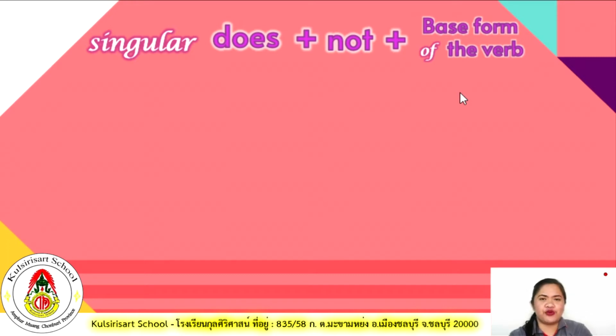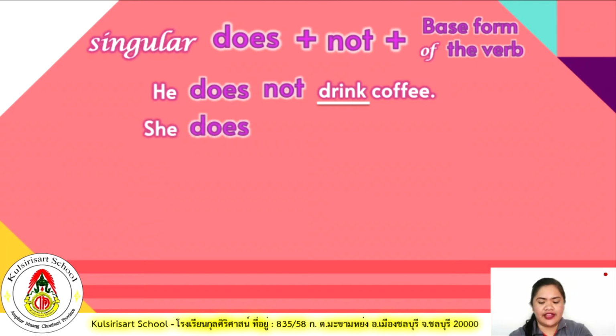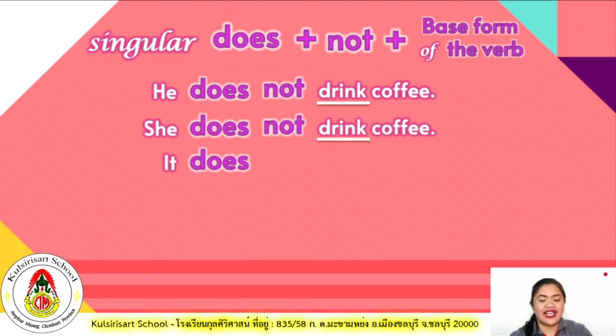It's the same with what I told you a while ago when I talked about helping verbs with nouns. Now this time, we are going to apply the rule with the pronouns. So we have here, how many pronouns do we have that we consider as singular? We have 3. We have the he, and then she, and then it.